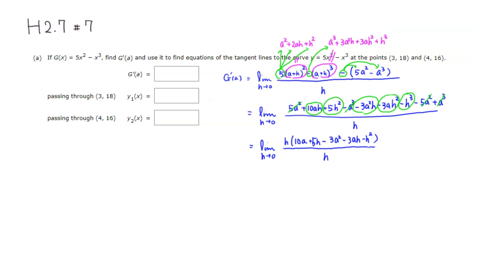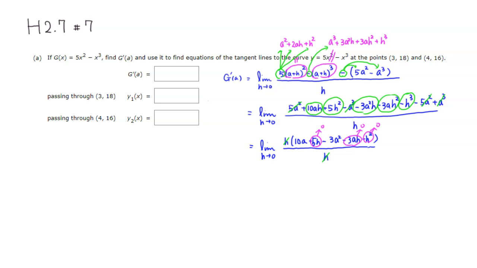So we can cancel h on top and h on the bottom; h over h is 1. Then we let h go to 0. You can see that 5 times h is 5 times 0, which is 0, and that term stays. Here this one goes to 0, and this term, 0 squared, is still 0.